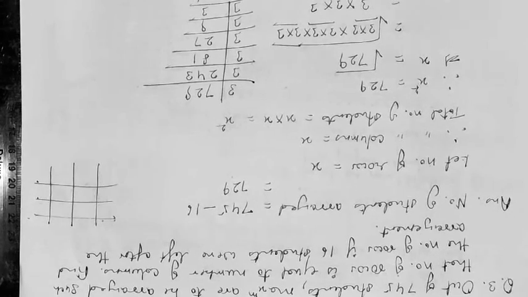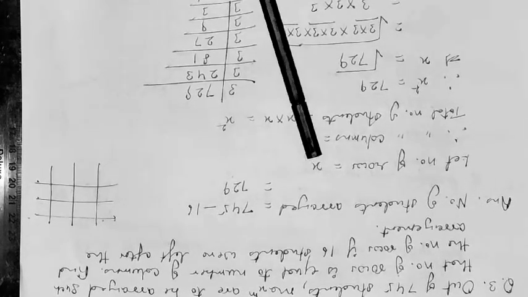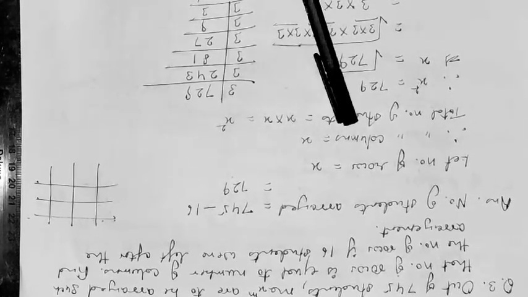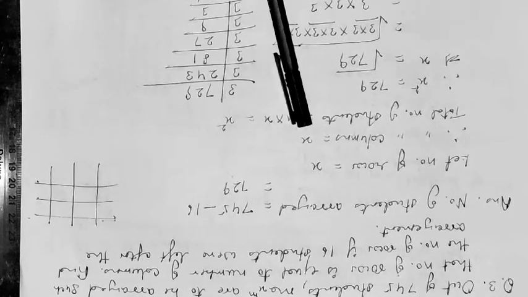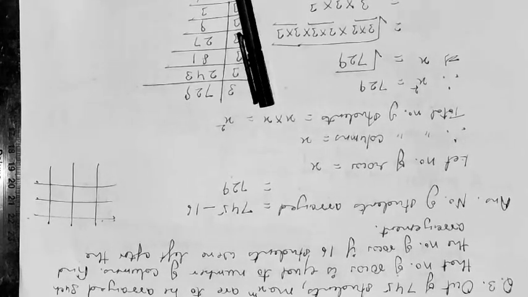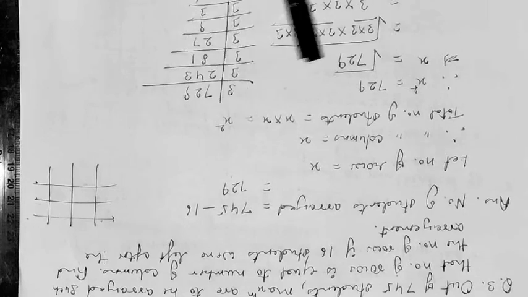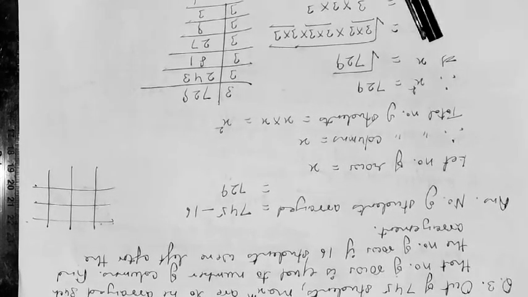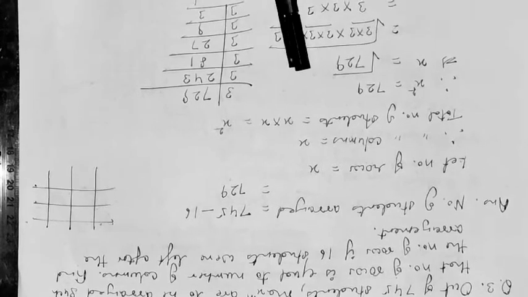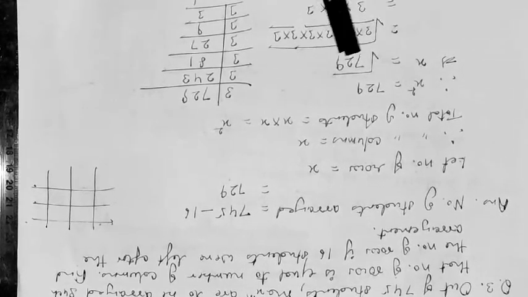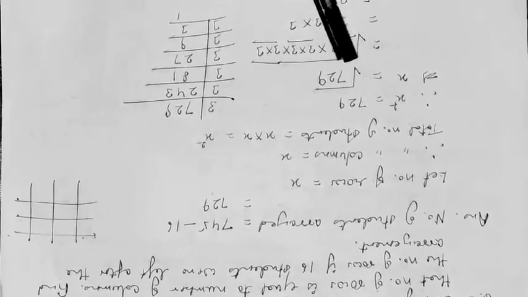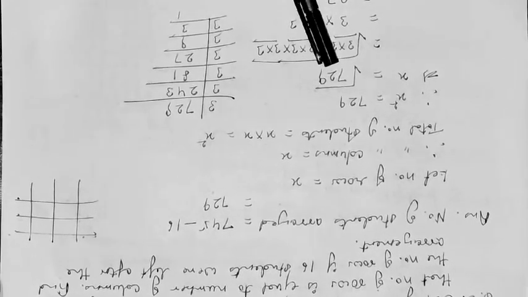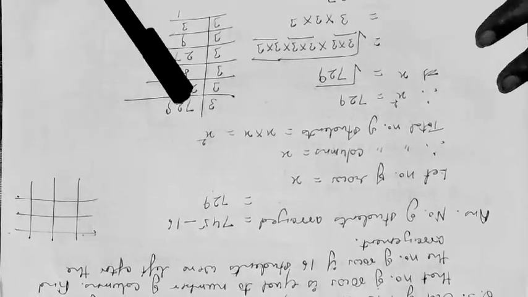Now let us suppose that the number of rows is equal to x. If the number of rows is x, then the number of columns will also be x. So x into x is equal to x square. So x square is equal to 729. So x will be the square root of 729. When we take the square to the right hand side, it becomes square root. So find out the factors of 729.